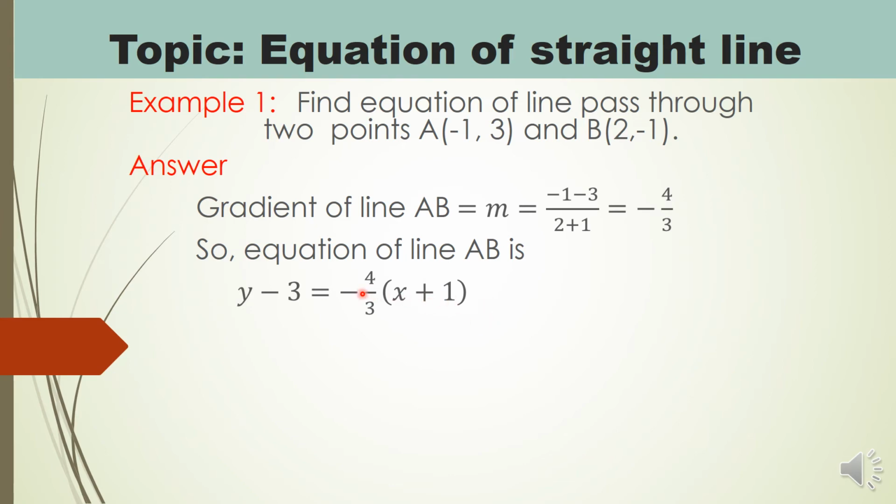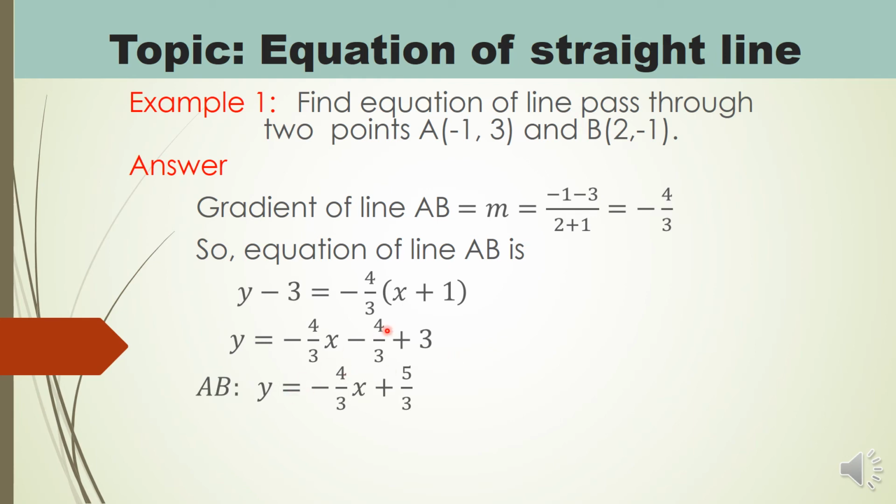Then you have to expand these two factors, move the number 3 to the right hand side, and convert it to the slope-intercept form. So y equals minus 4 over 3 x, and then minus 4 over 3 plus 3, because this number is multiplied with x and multiplied with plus 1. And plus 3 because we move minus 3 to the right hand side and it becomes plus 3.